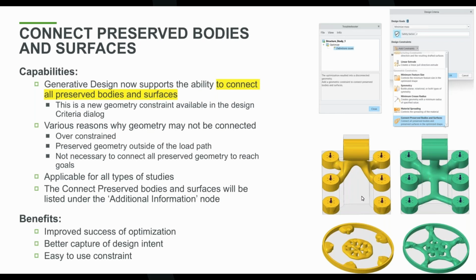We don't need those other 2. That's the current situation, and you cannot basically get around it. Now with the enhancement in Creo 12, you can say, no, I want to have those connected bodies preserved. So it'll now force it to create those connected bodies, so you're using all 6 of them. That might just be your design requirement, but it is a handy thing to have when you're creating this.